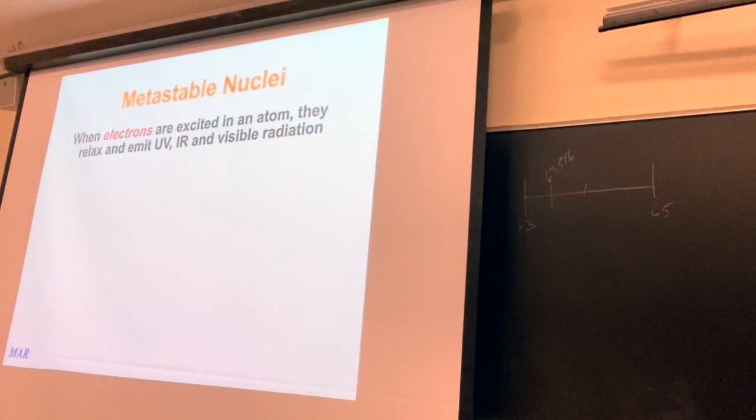Another thing you're going to see in nuclear chemistry is what they call metastable nuclei. Sometimes when you have an atom and it's been energized by these gamma rays, you don't have a good mixing of protons and neutrons. Now, what we've seen so far in our classes is that electrons, if you blast them with energy, will start emitting different things.